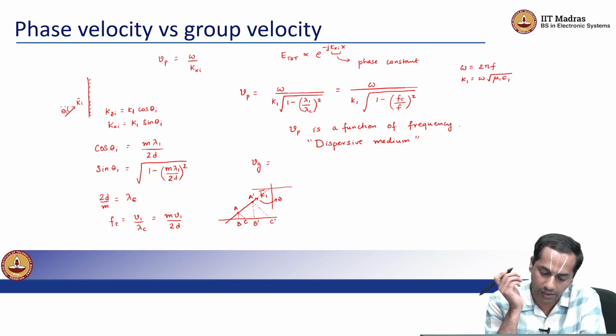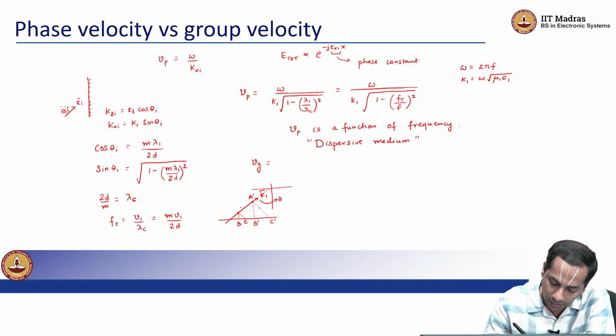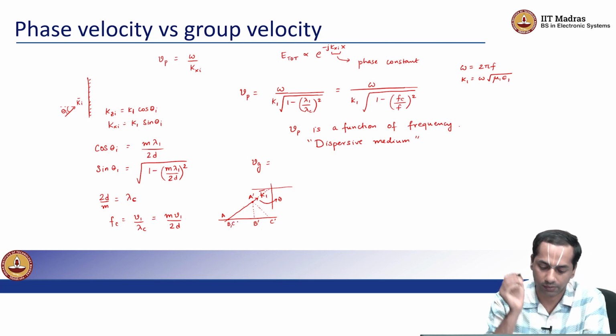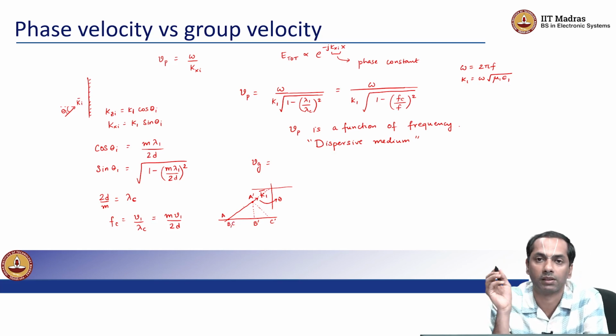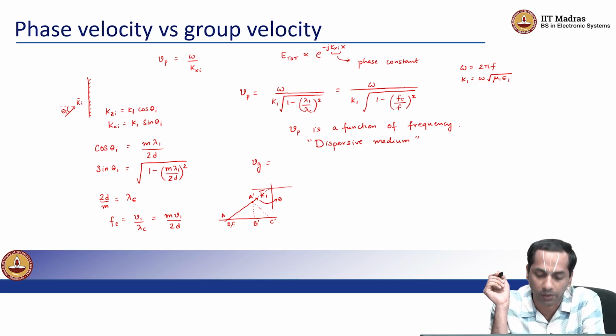Actually, what would be easier is if we started at the intersection. Let's say that A, B, and C all started off at the intersection. After some time t, we notice that A moved to A prime, B moved to B prime, and C moved to C prime.